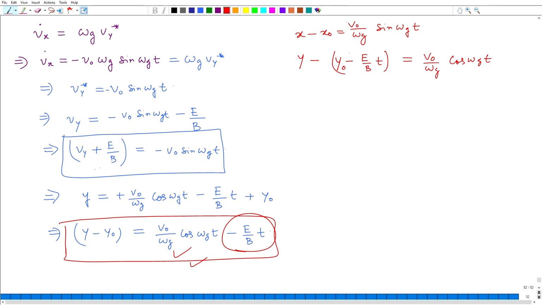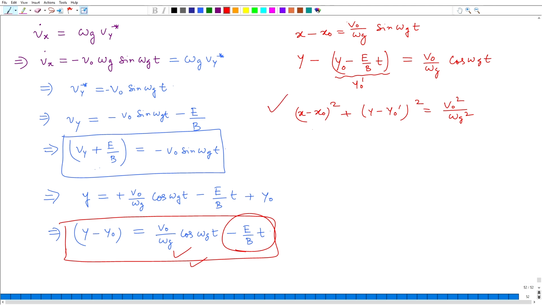And then I can call this one y0 prime. So, I can now say x minus x0 squared plus y minus y0 prime squared will be equal to V0 squared by omega g squared, which looks like a circle.